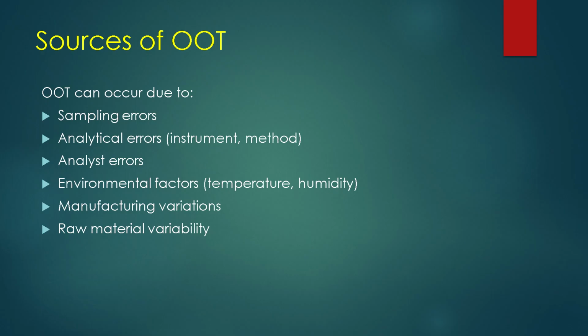Analyst error, like procedural mistakes or incorrect data entry, can distort the results and raise false OOT alerts. Environmental factors such as temperature, humidity, or contamination can also impact product stability and lead to OOT observations. Additionally, manufacturing variations and variability in raw material quality can influence the final product consistency, contributing to unexpected OOT outcomes.